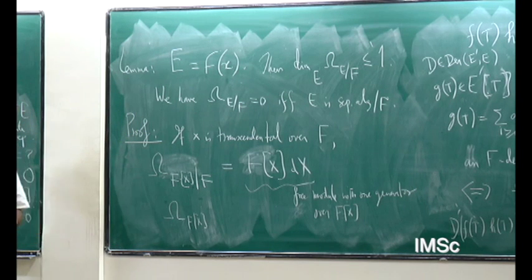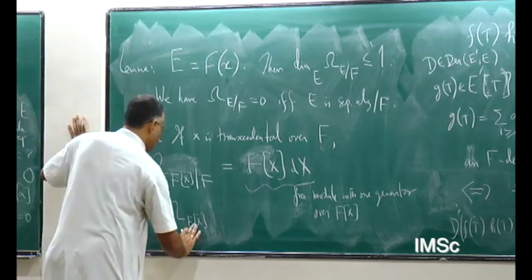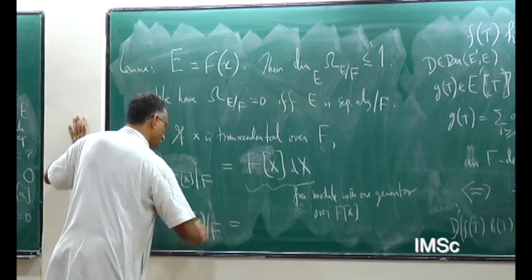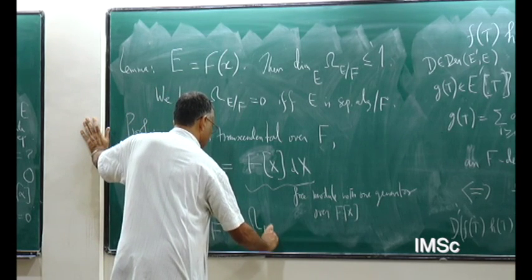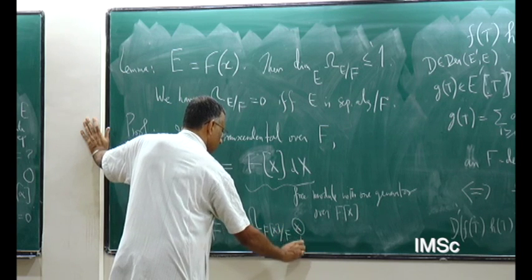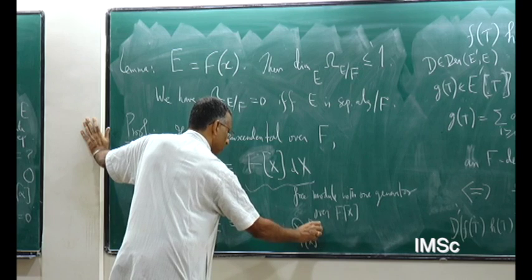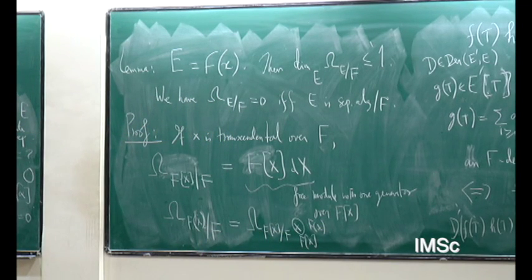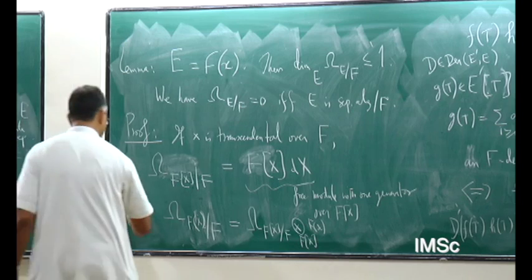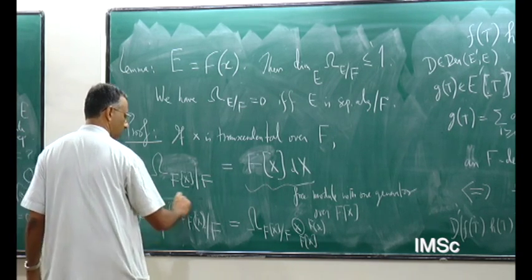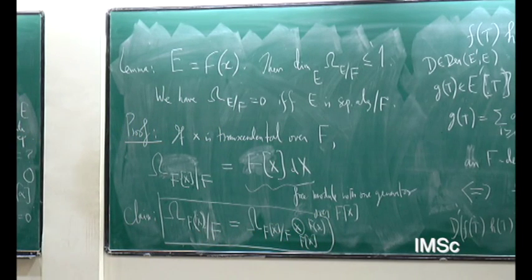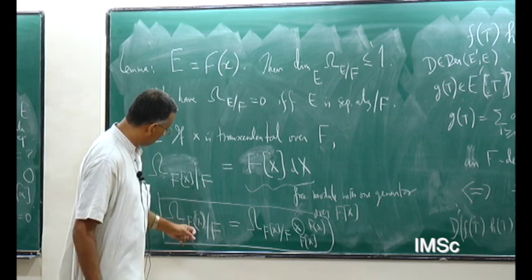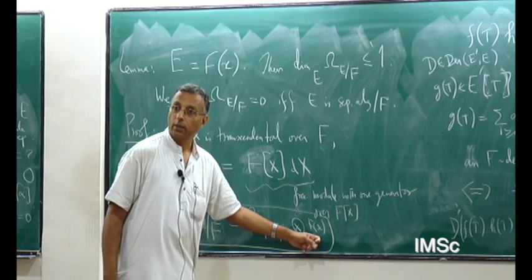Now the point is, I claim that, over the field F(x), it is just a one-dimensional vector space over that field.